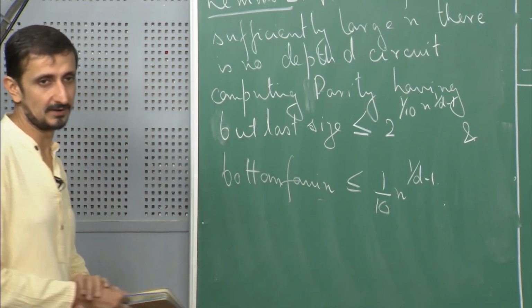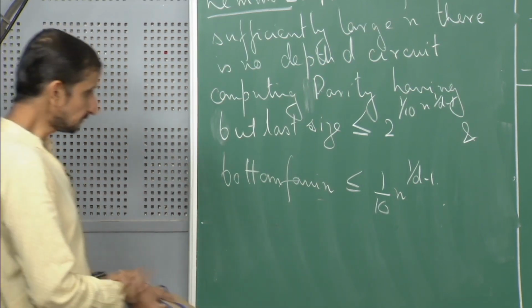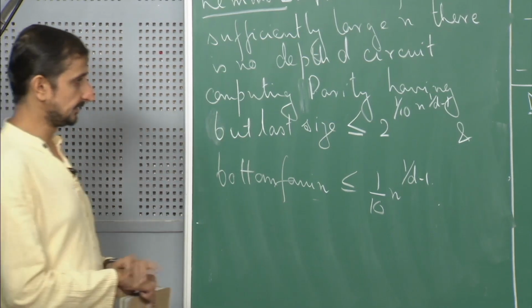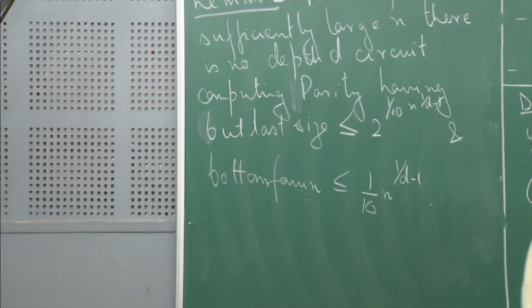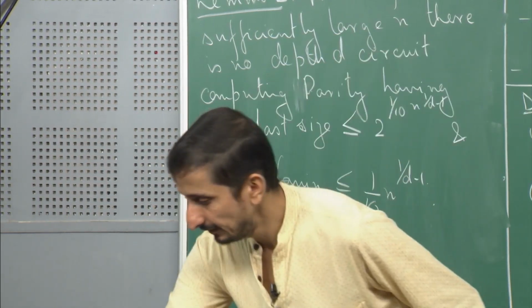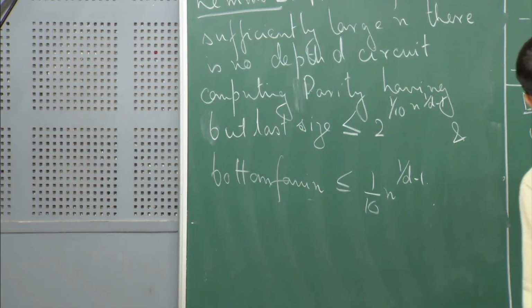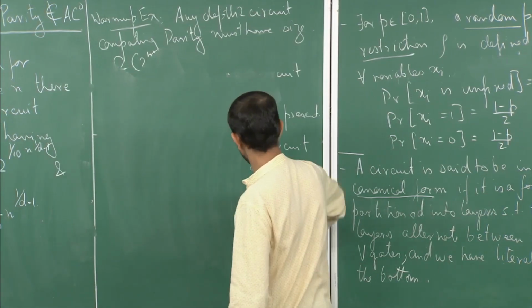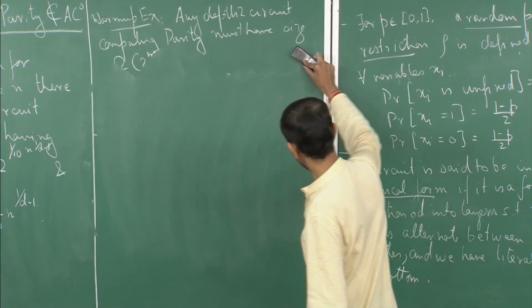So if I am able to prove this lemma, it is sufficient to prove the theorem. So, how do we prove this lemma? Here is where Hastad's main result comes in.